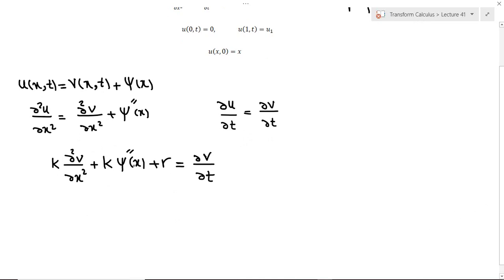So we have to get rid of this term. As a result, I find psi x such that k psi double prime x plus r would be equal to 0.